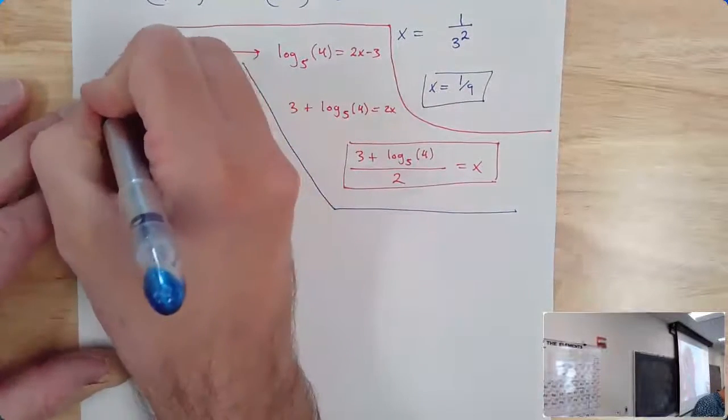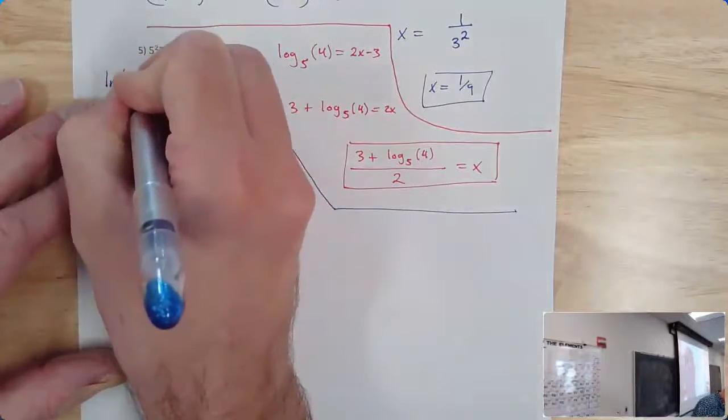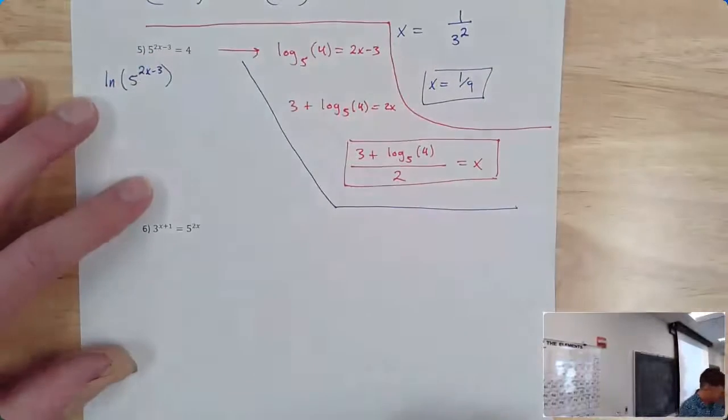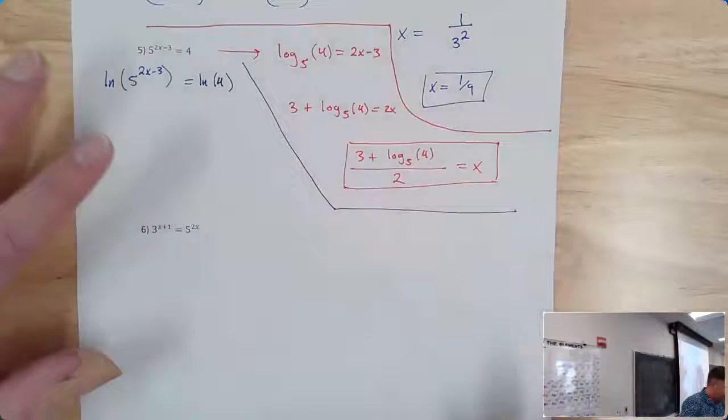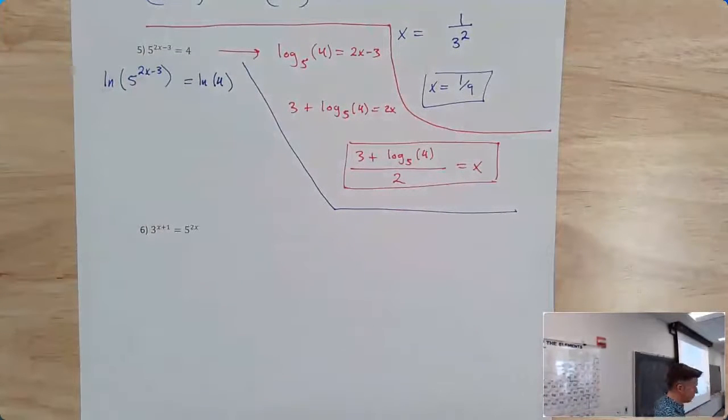we can take the natural log of both sides. So the natural log of 5 to the 2x minus 3 equals the natural log of 4. Right? Again, I really want to emphasize, if you have an equation, it is totally cool to do the same thing to both sides of the equation.